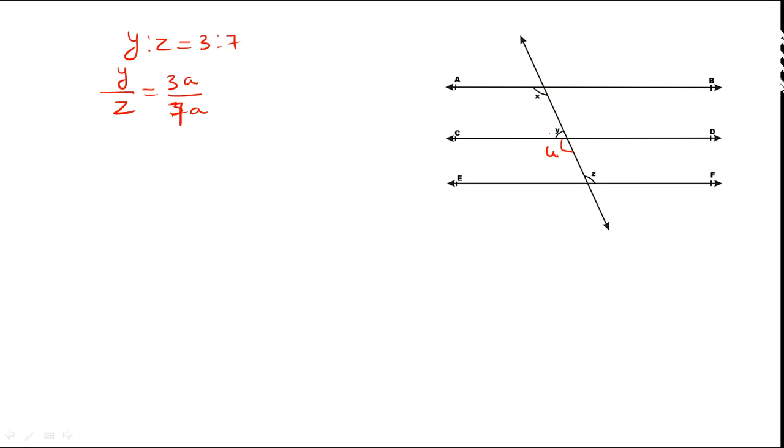Sorry, y is not equal to z. This u is equal to z. Why? Alternate interior angles. These three lines are parallel.